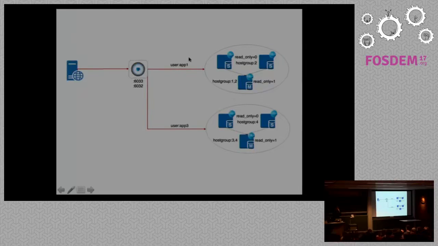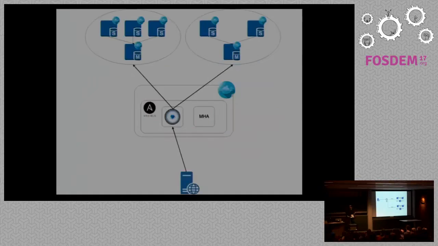Based on the routing and other settings, it will route your queries to the desired cluster. Instead of master and slave, it uses the concept of host groups. For example, the master down there is host group 3, and host group 4 are the slaves. Once the topology changes, it automatically detects the changes based on the read-only flag and moves the servers from one host group to the other. I'm going to show how that works soon.